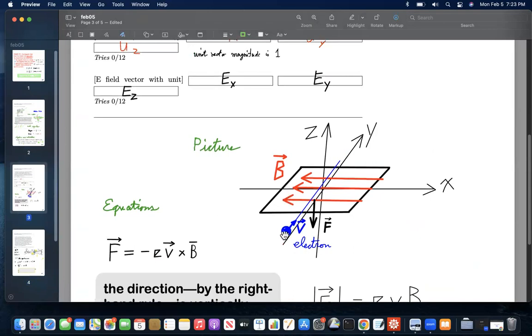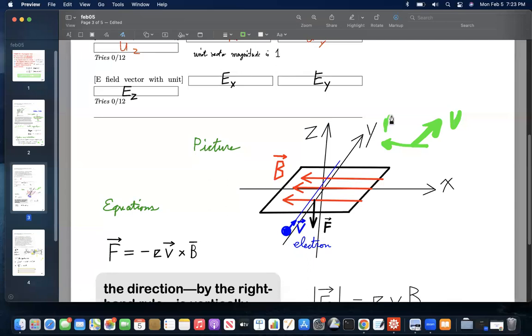Now the force will be the charge times V cross B. Now V cross B you get from the right-hand rule. So V is this direction. So that's V. B is in this direction.